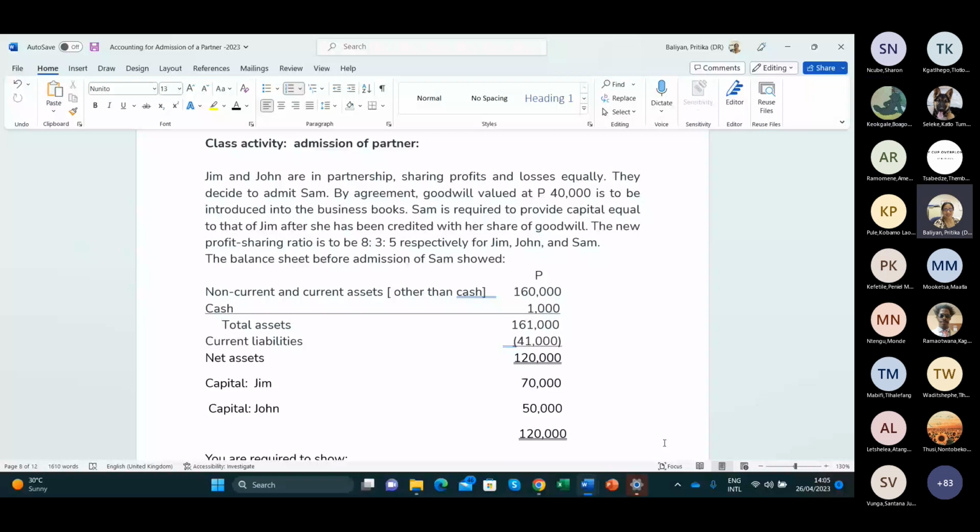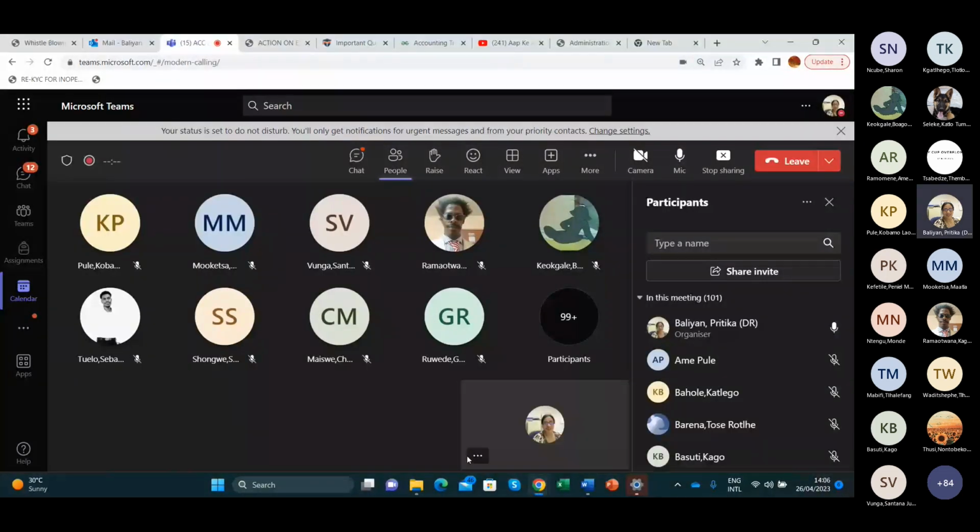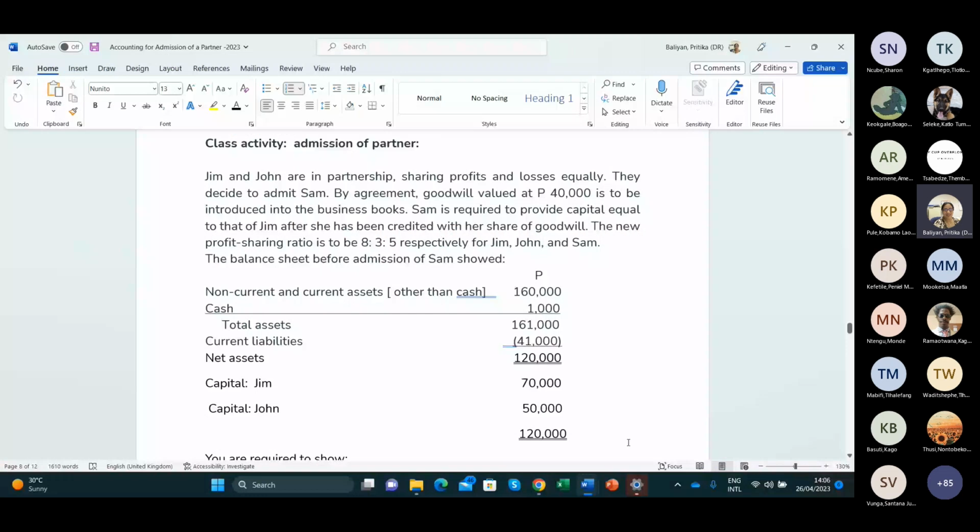Before we attempt those class activities, there are certain conditions because we are doing the accounting in the partnership when one or more than one partner is admitted into the partnership. There are different scenarios or conditions in which a partner can be admitted into the business.